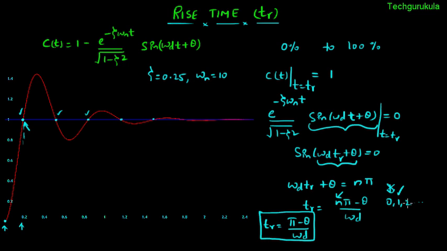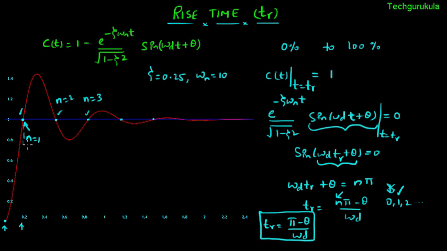Now, how about the other integer values, the meaningless ones? No, not exactly. If you look at the graph, there are multiple times where it actually goes through this point. This is for corresponding n equal to 1, and this is for n equal to 2 and n equal to 3 and so on.